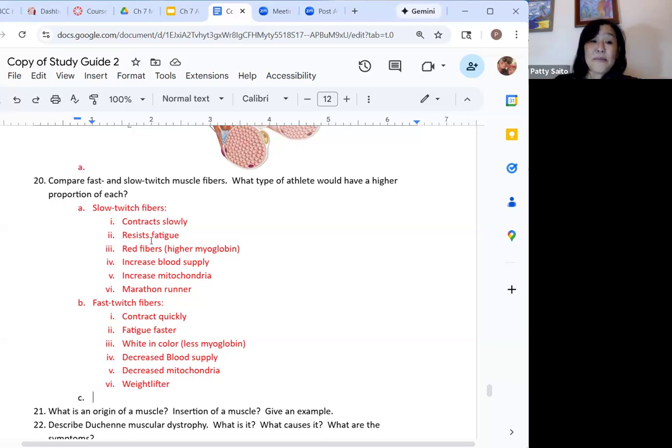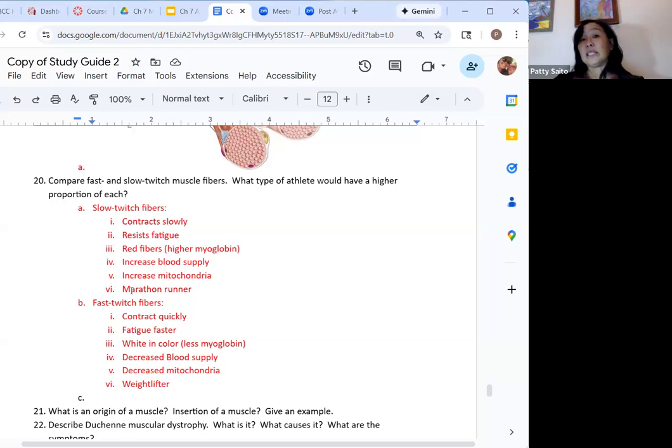Okay. They have a lot of mitochondria. We know more mitochondria means more ATP, right? More cellular respiration, and we can make more energy. Okay. So again, resist fatigue, meaning we can contract them for a longer period of time. So who would have them? Marathon runners.